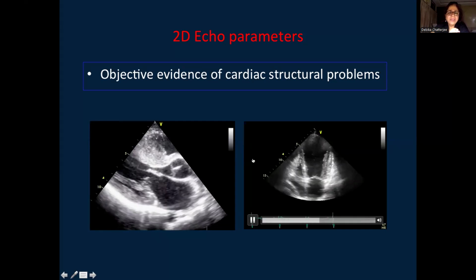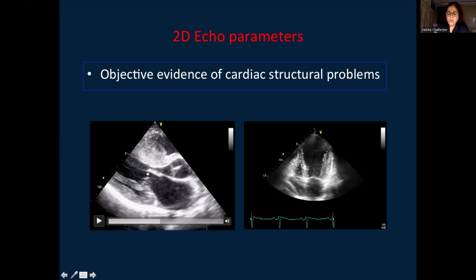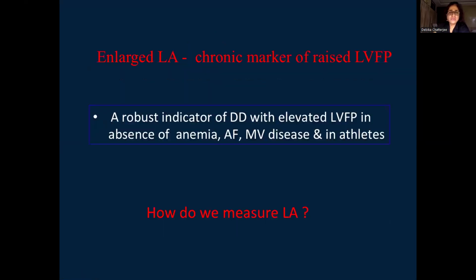Well, leaving aside this type of objective evidence, the most robust indicator we get on two-dimensional echo for diastolic dysfunction is the enlarged LA, left atrium, because an enlarged LA is a marker of chronically raised LV filling pressure, in the absence of, of course, anemia, where we get an enlarged LA.